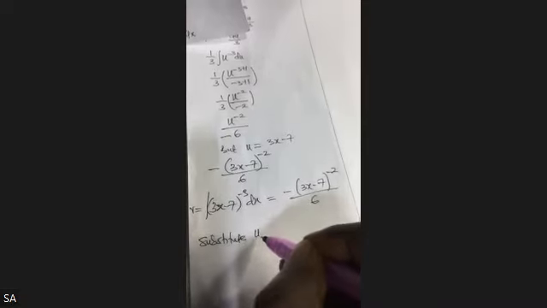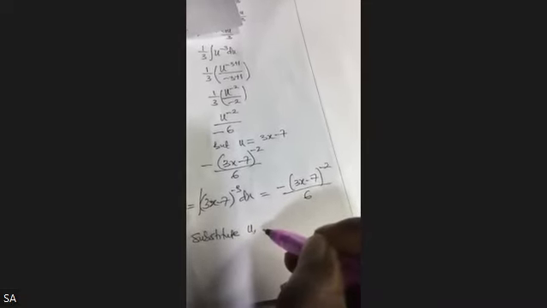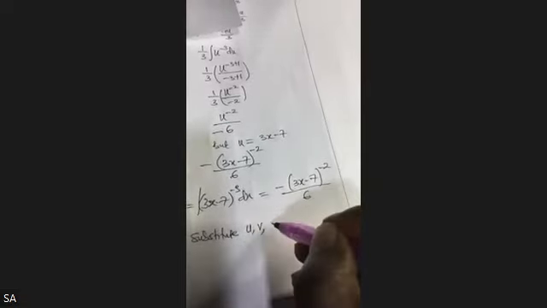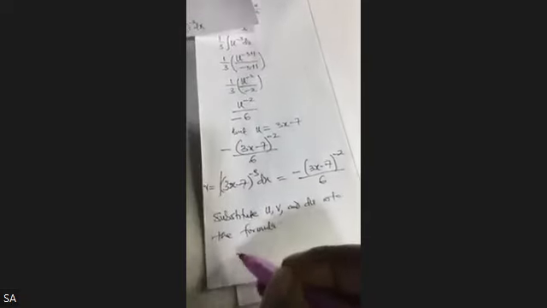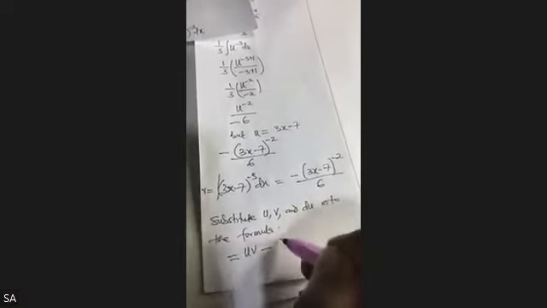So let's go back to our formula and substitute u and v into the formula. Our formula is uv minus integral of v du. What's our u? Our u is 6x. What's our v?